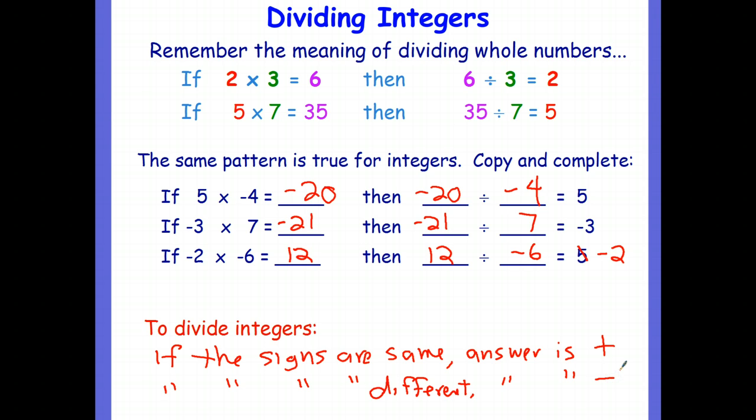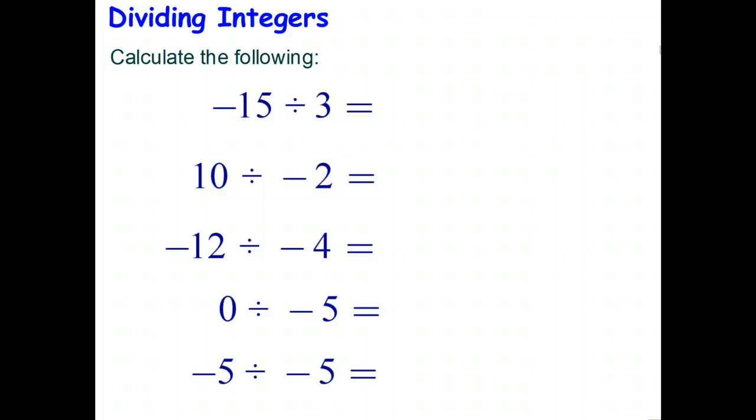So you can now combine the last 2 rules for multiplying and dividing into one rule. For multiplying and dividing, if the signs are the same, the answer is positive. If the signs are different, the answer is negative. I'll get you to stop the video, please, and attempt those 5 questions.